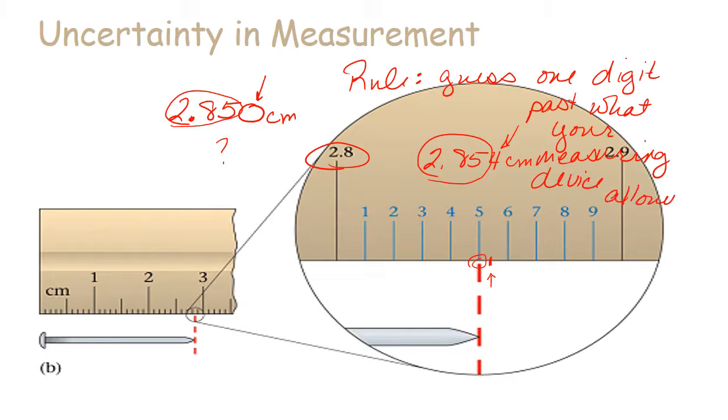For example, this measuring device measures clearly the ones place, the tenths place, and the hundredths place, which is why I circled the 2.85. But the digit past that, we've got the ones place, the tenths place, the hundredths place. Definitely we have to guess the thousandths place.